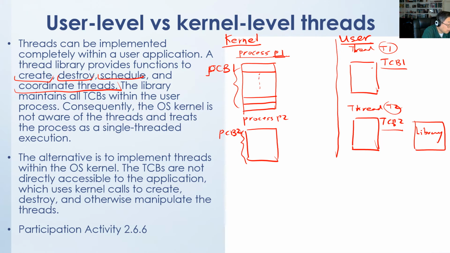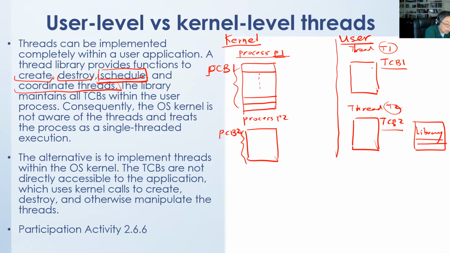It can be done at the application level, controlled by the library, because the library controls the thread scheduling. If you want to allocate the CPU for thread 1 or for thread 2, then it's the job of the library.